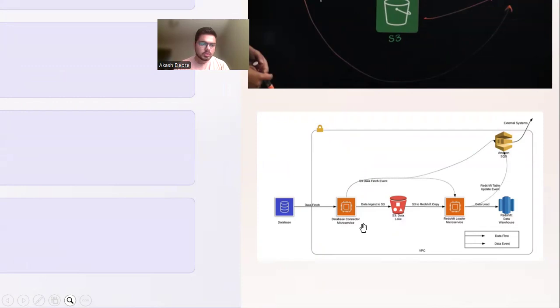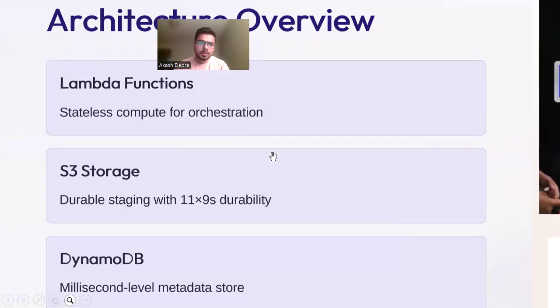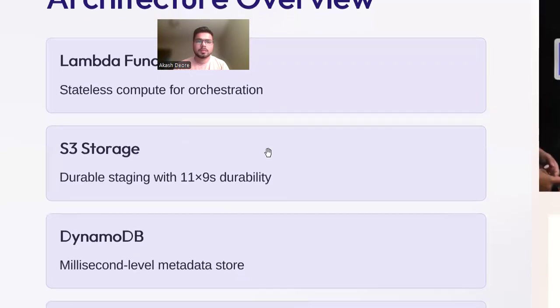So Data Coral actually uses Lambda functions that react to events and execute the logic which any company is trying to run behind the scenes to get the data in a particular format.